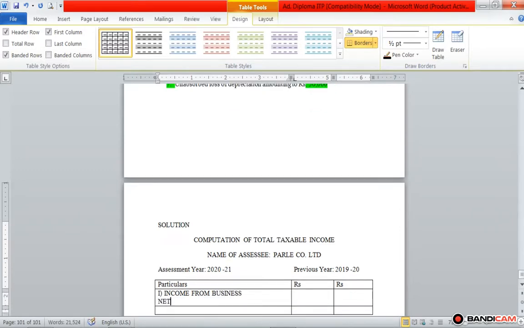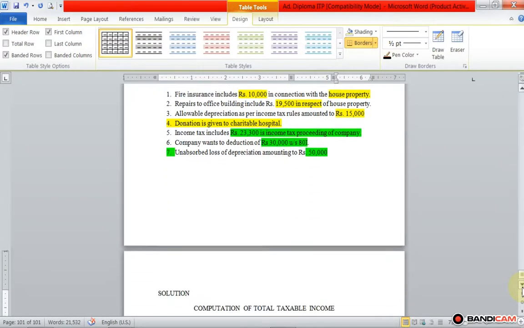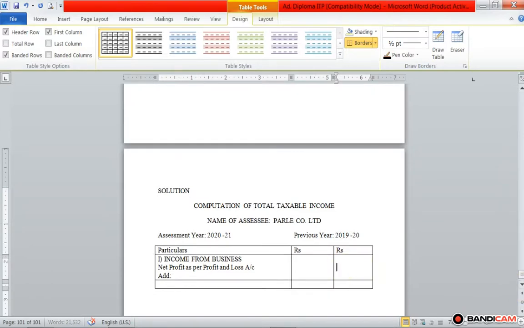Then net profit as per profit and loss account, which is given as 45,800, so we consider 45,800 here. Then add disallowed expenses.